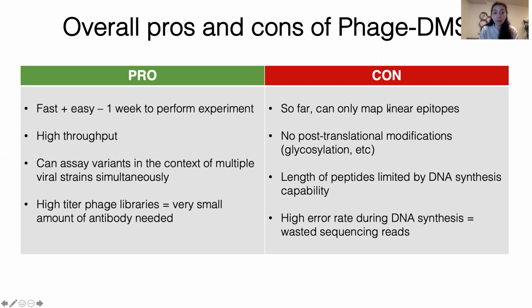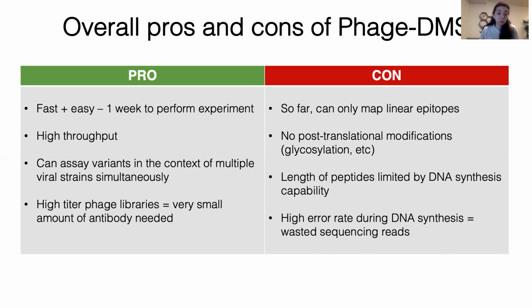So if we're talking about the cons of Phage-DMS, one big one is that so far it can only map linear epitopes that are expressed on, in our case, 31 amino acids. Additionally, they don't have any post-translational modifications. Right now, the length of the peptides is limited by DNA synthesis technology, but as our ability to make longer and longer DNA molecules improves, we can increase the length of these peptides expressed on the Phage-DMS libraries.